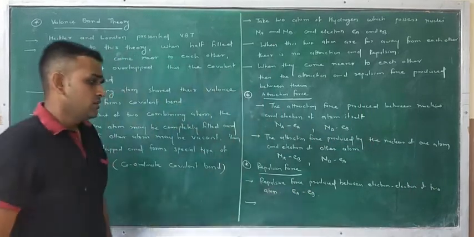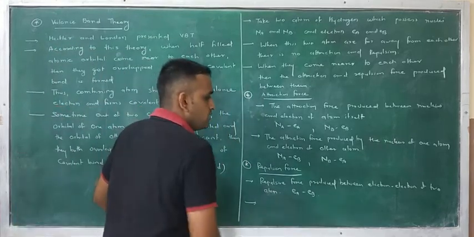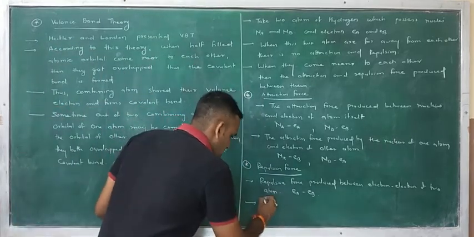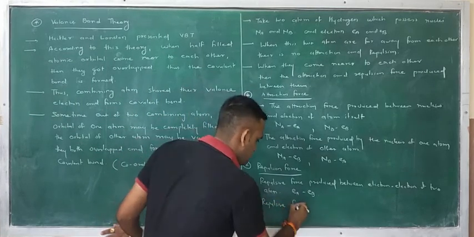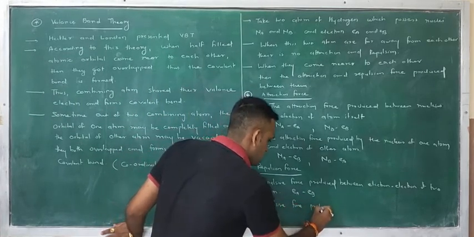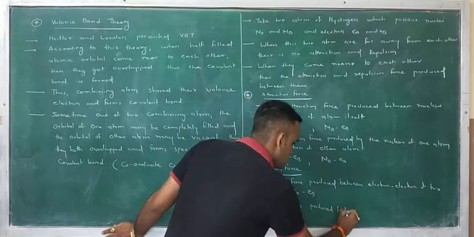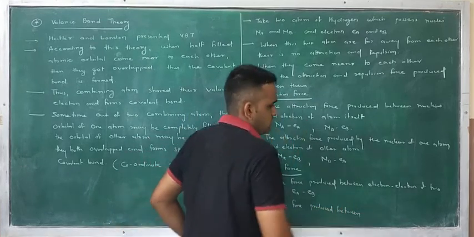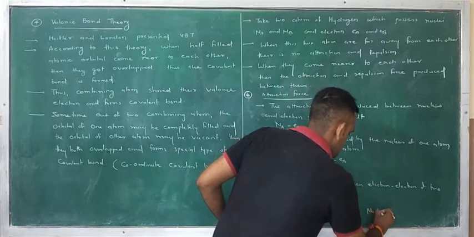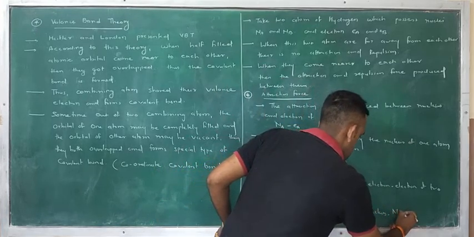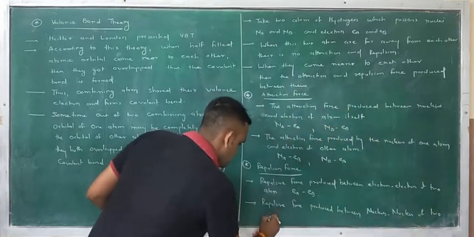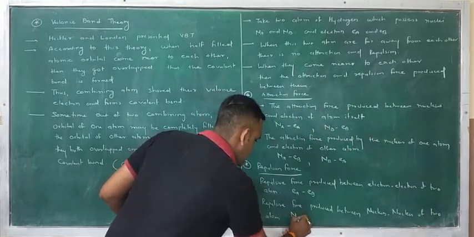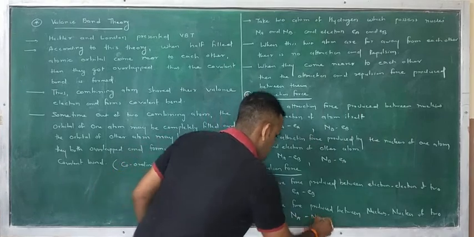And repulsive force is produced between the nuclei of two atoms, that we can say Na and Nb.